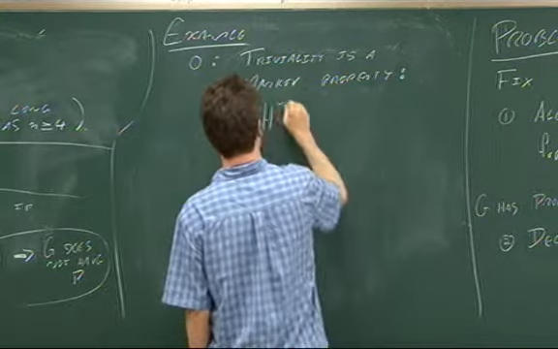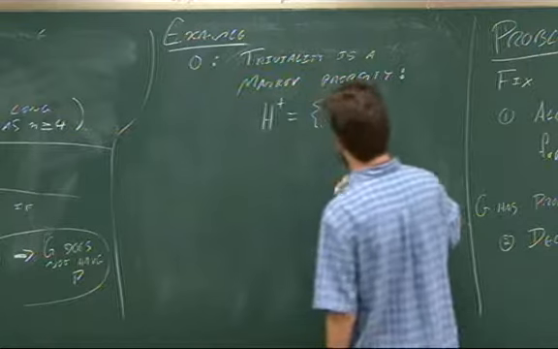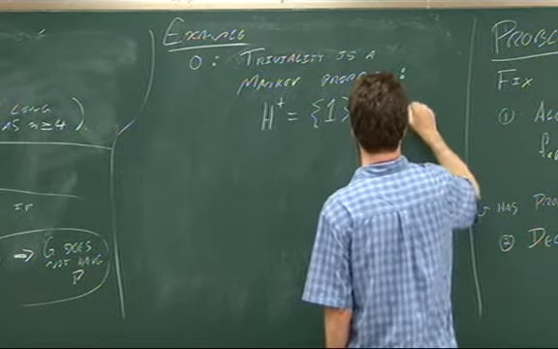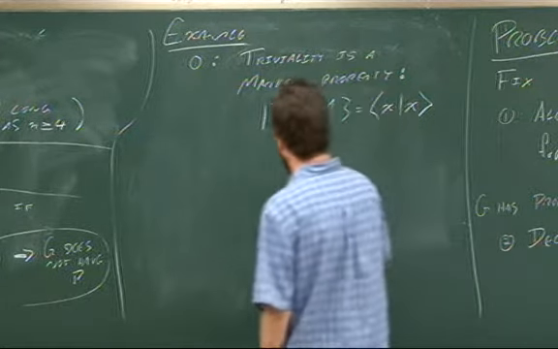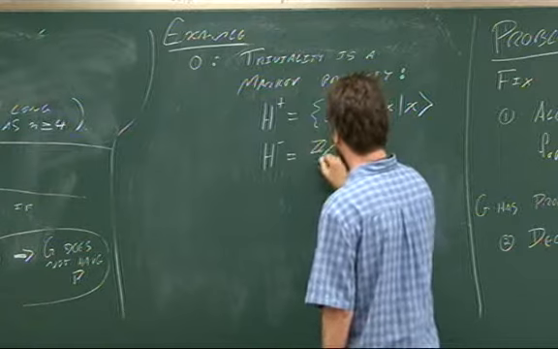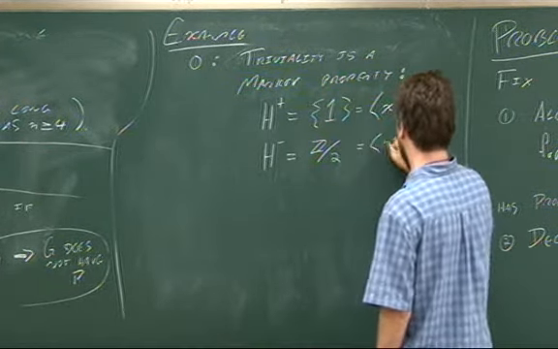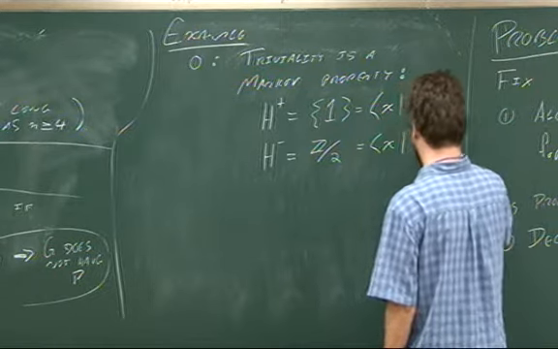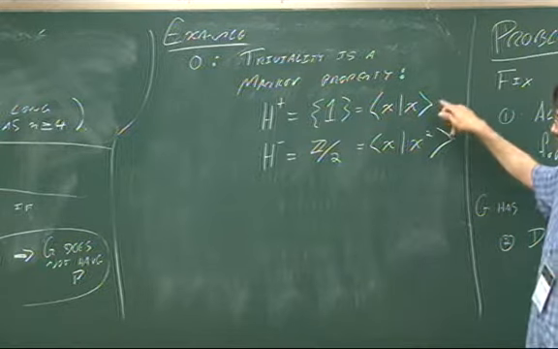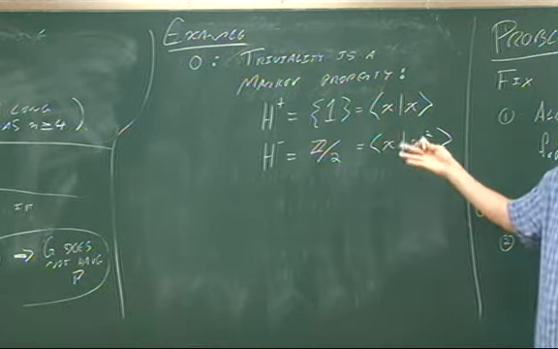So you can take H plus to be 1, and you can give that a finite presentation, if you like, with a single generator and a single relator. For H minus, you can take any non-trivial finitely presented group, for instance Z mod 2, which you can write as X subject to the relation X squared. If a group contains Z mod 2, it's non-trivial, right?